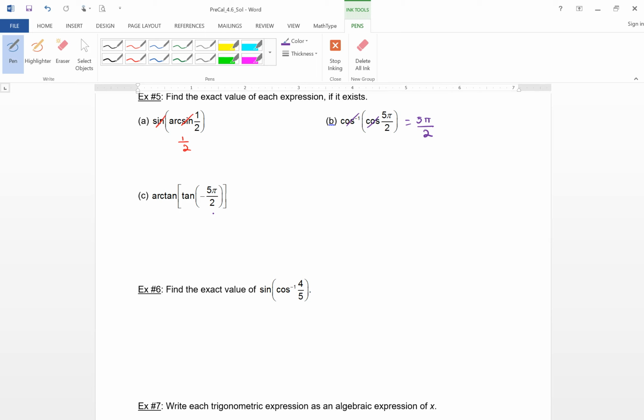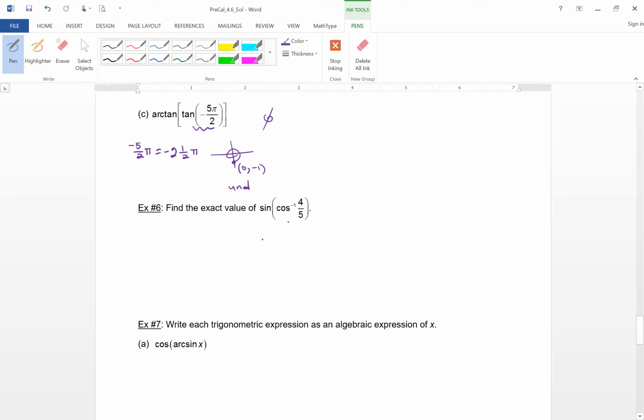What's tangent of negative 5 pi over 2? This is negative 2.5 pi. Where is that? Negative 2.5 pi is here. This is x equals 0, y equals minus 1. What's the tangent? Undefined. So this doesn't work. Okay, so watch out for those. Trick question.